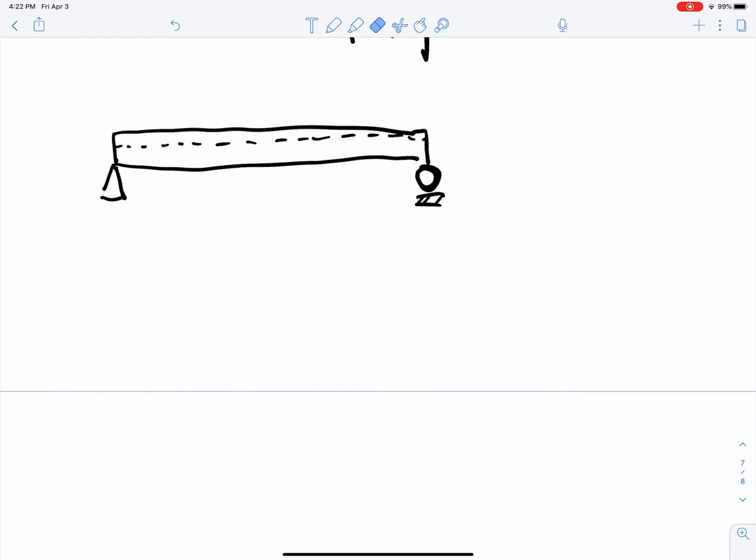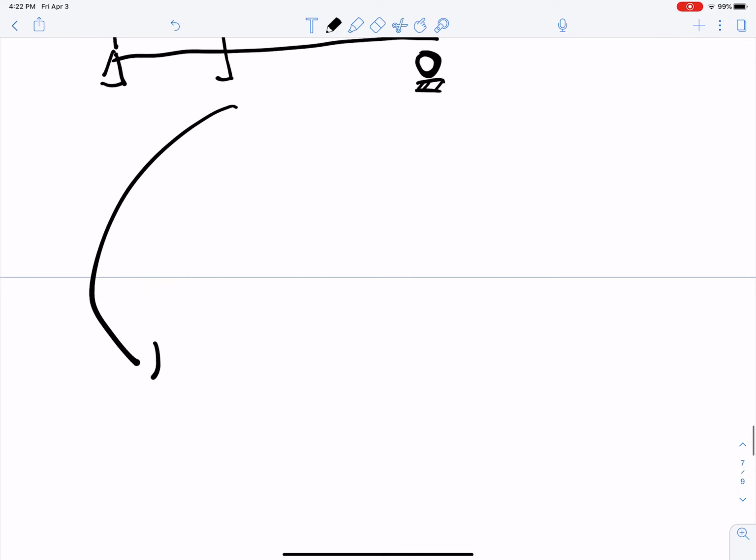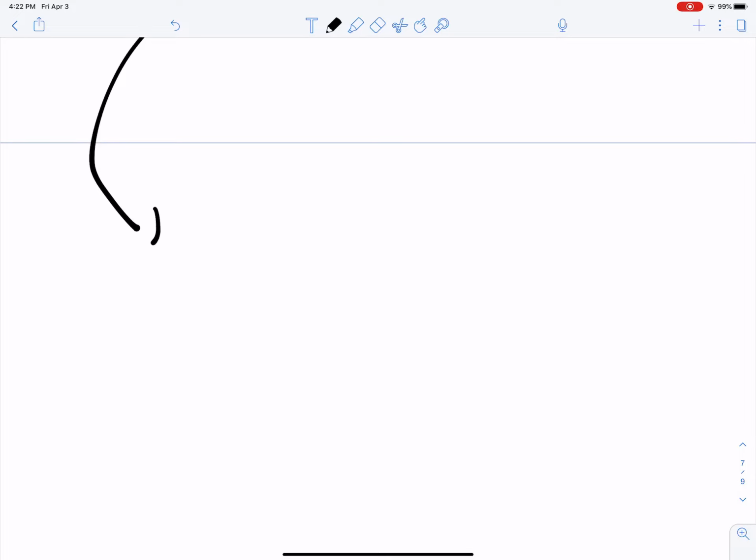Then, let's look at the cross section. Let's go to the next page. I can write as big as I like on this thing. So supposedly it's a T-beam. Doesn't have to be, but okay. So then the medial axis would be somewhere here.